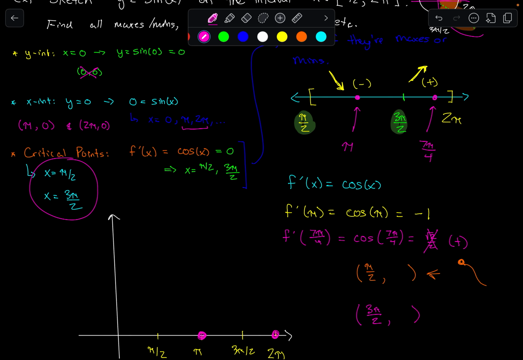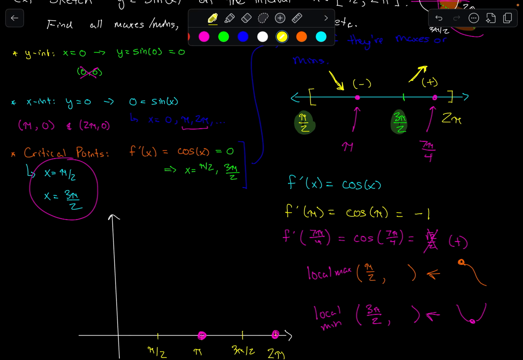Don't yet know what the y value is, but I know that this one is the result of the graph going down, then we hit the critical point, and then we go up. So at the very least, it looks like this is going to be a local max, and this one is going to be a local minimum.